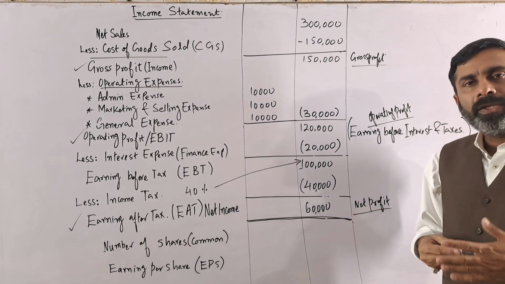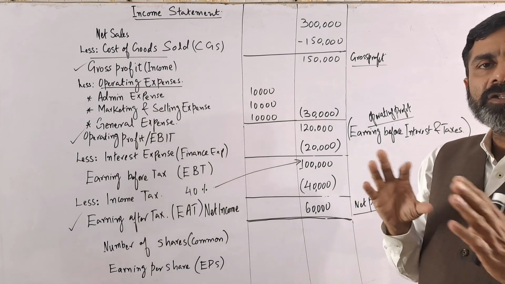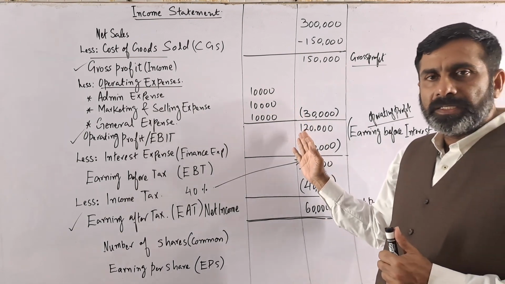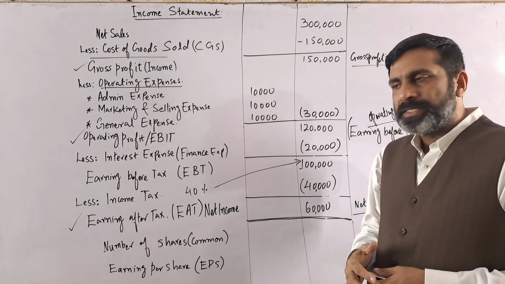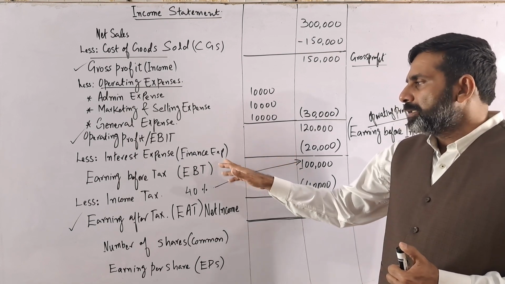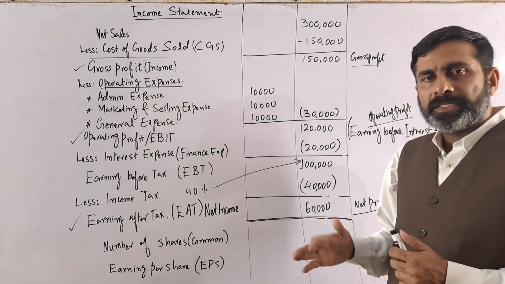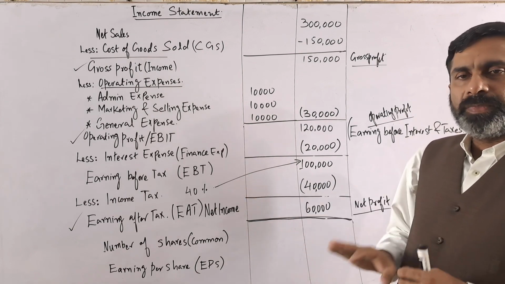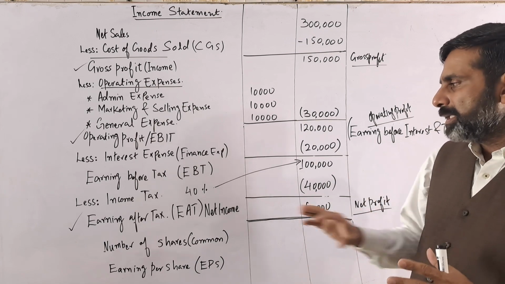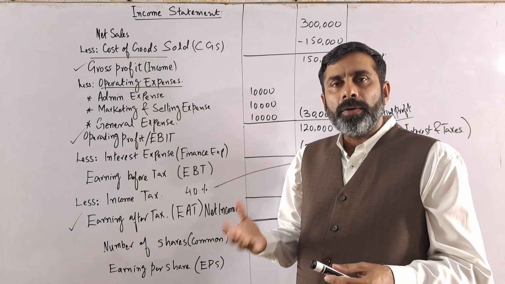Also the business wants to know how much is the gross profit, which is just after the cost of goods sold, then how much is for the operating expenses, and then the operating profit, and how much is the net profit after paying all the expenses of the interest, the bank charges, the bond interest, and also after the income tax, meaning what is the net amount available for the common shareholders. This is also called the net income, or the income available for the common shareholders.